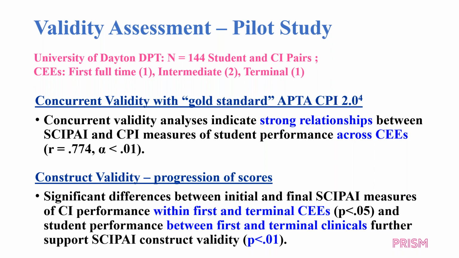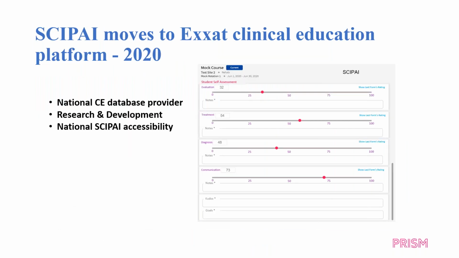Within a clinical, when you look at measures at the beginning of the clinical to the end of the clinical, there was a progression of scores for both student and CI. And then across clinicals, we saw that progression for students. We did not compare CI performance across clinicals, for reasons you can imagine.